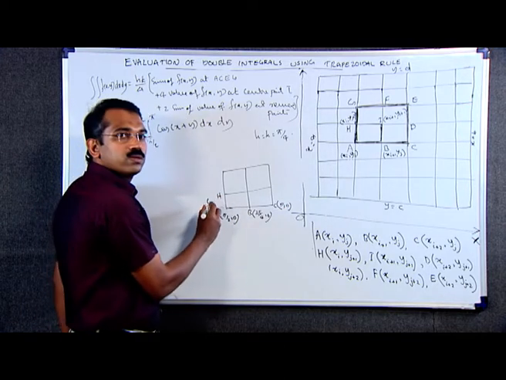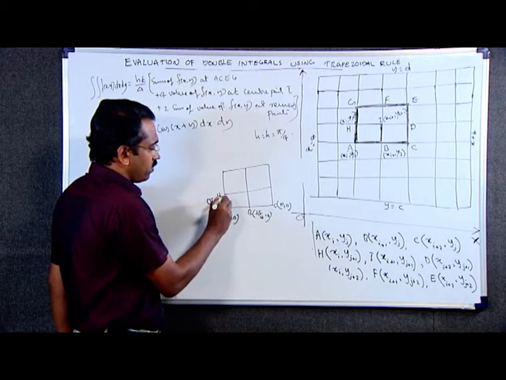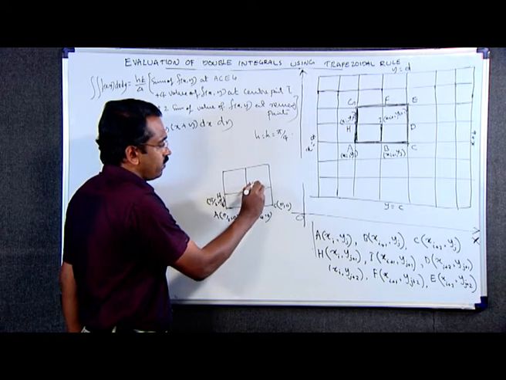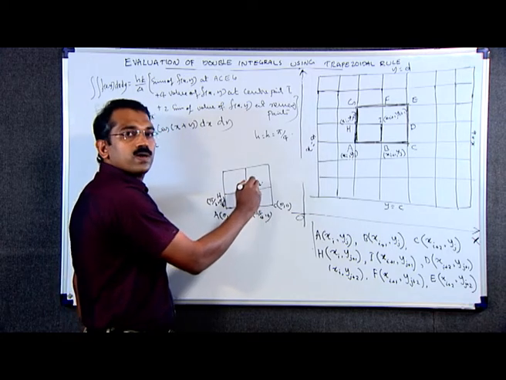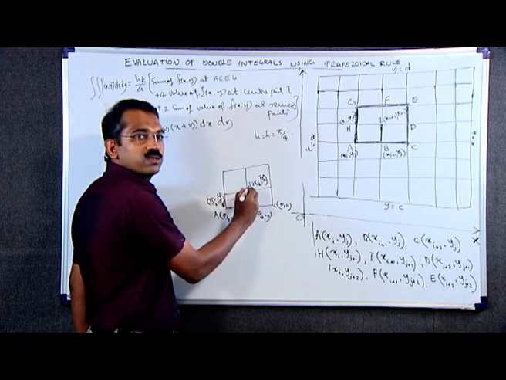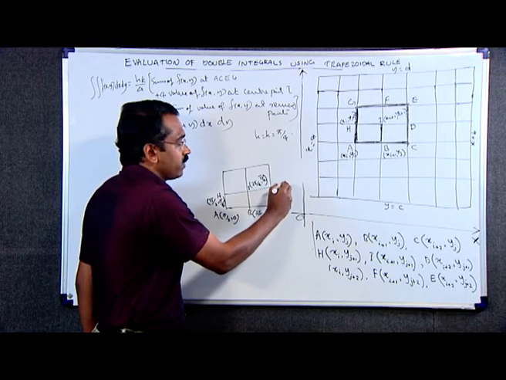H is the point pi by 2 comma pi by 4. The center point is 3 pi by 4 comma pi by 4. This is the point I. Now D is the point pi comma pi by 4.